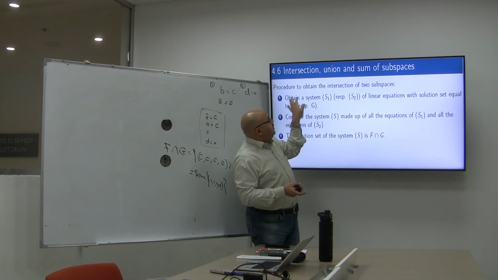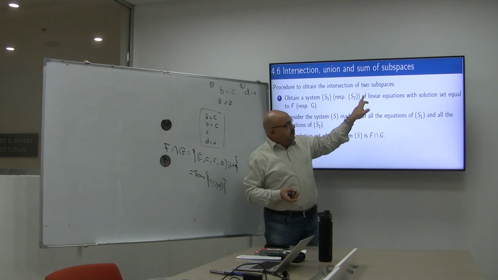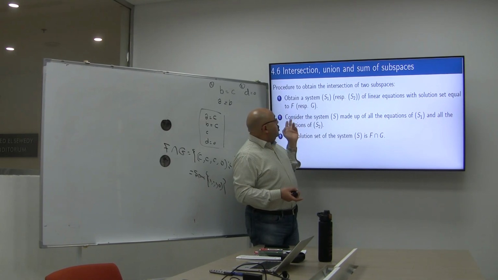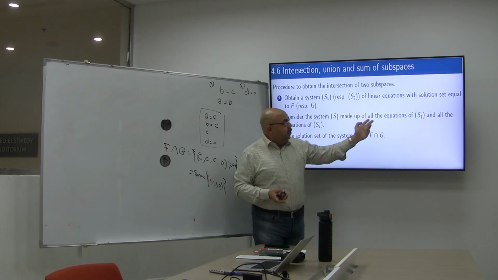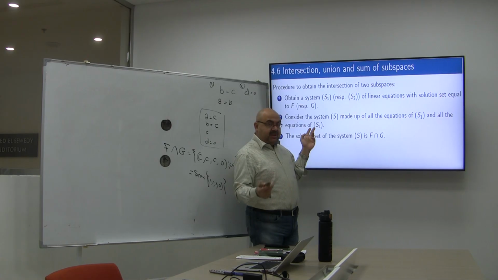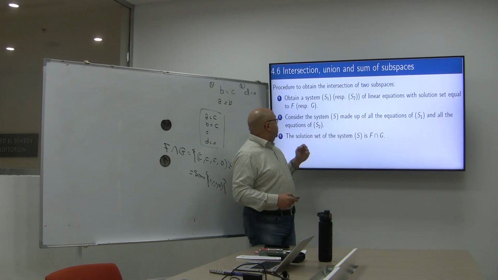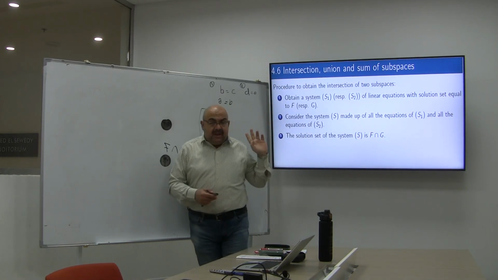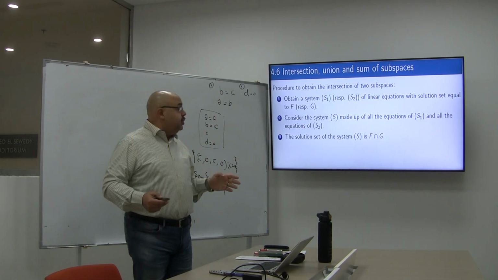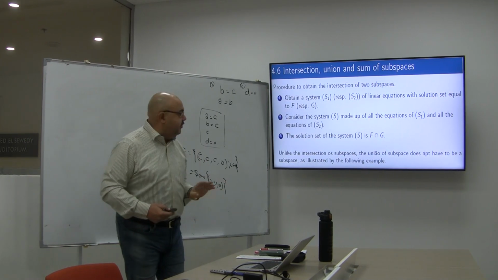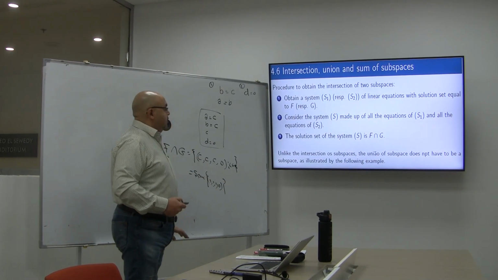Consider the system S made up of all equations of S1 and all the equations of S2, that's the intersection satisfying those conditions. The solution set of the system S is F intersection G. This is actually what we do. We put the conditions all together, or satisfy each equation first, then find the combination between them.